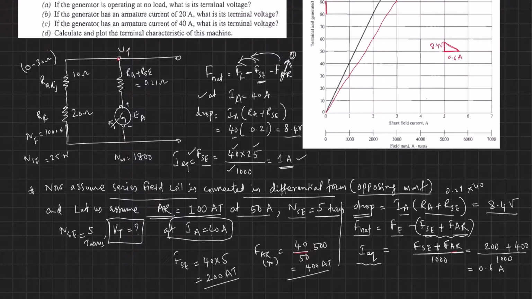So here I have calculated the series field MMF in ampere turns. 40 amps is flowing through the series field and the number of turns is 5. So this is 200 ampere turns.